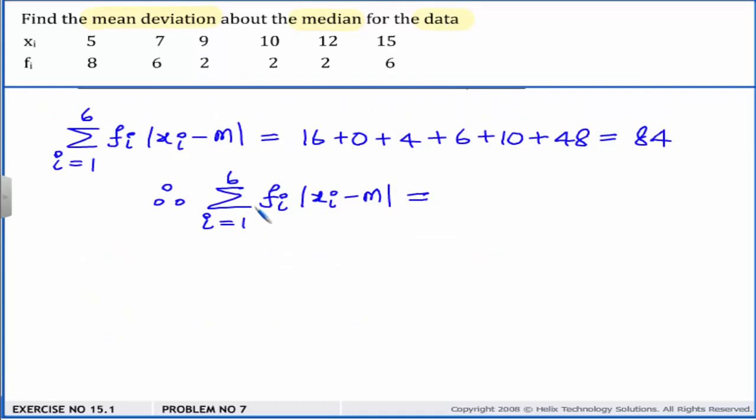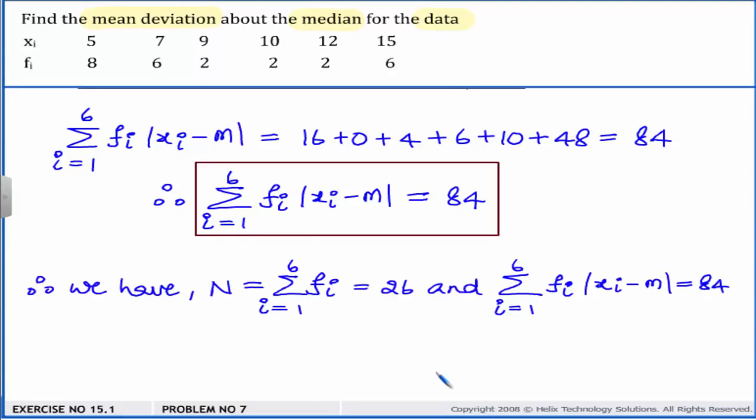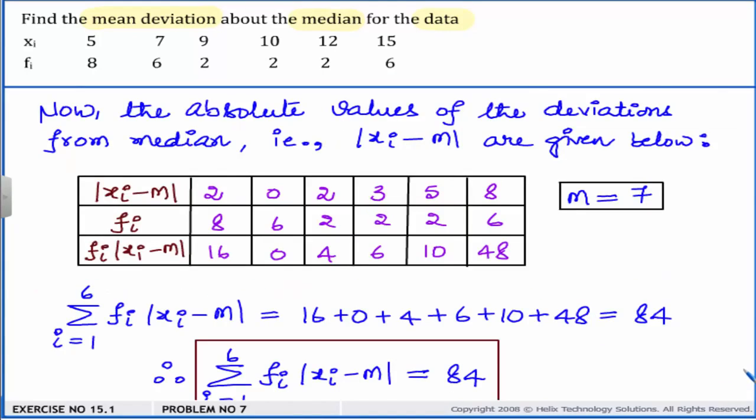Therefore, we have the summation Fi into modulus of xi minus M, where i is equal to 1 to 6, is equal to 84. Therefore, we have capital N is equal to summation Fi, where i is equal to 1 to 6, is equal to 26, as we got this value in our previous part.